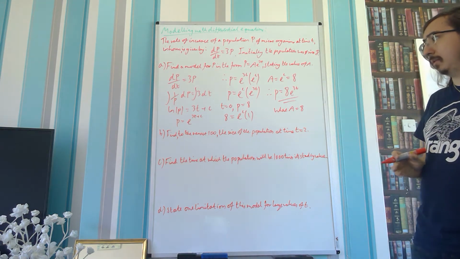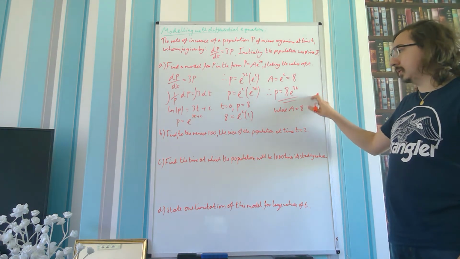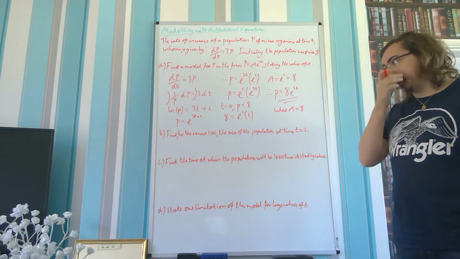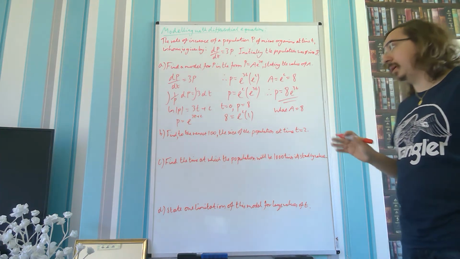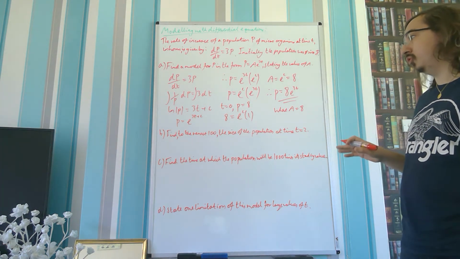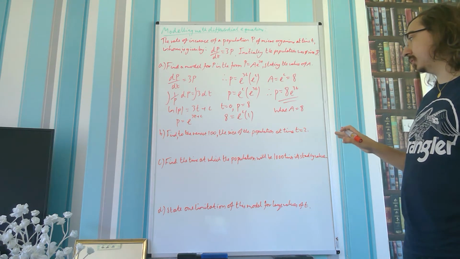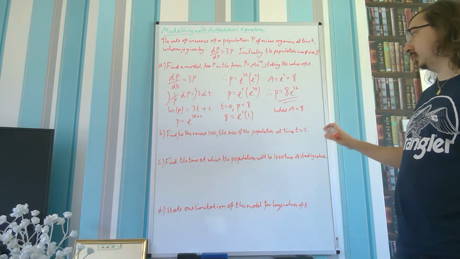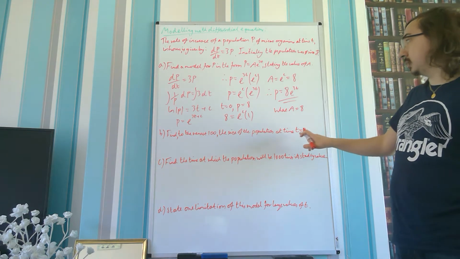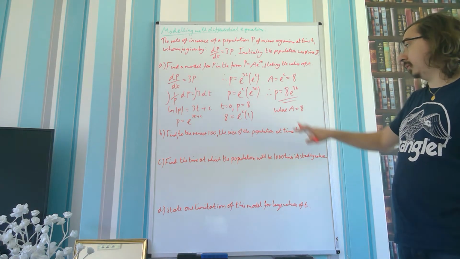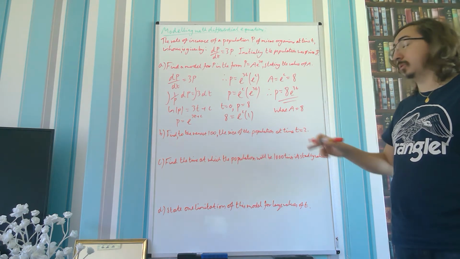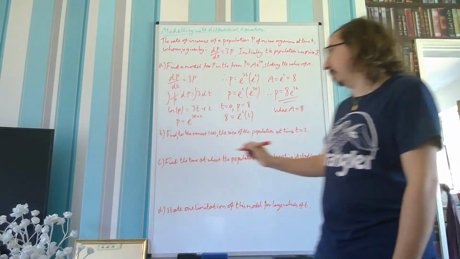So that's part A. We can then use this to help us with some of the subsequent parts. Part B says find, to the nearest 100, the size of the population at time t = 2. So all this means is we have our model now, we're given a time t = 2 and we just need to substitute in.